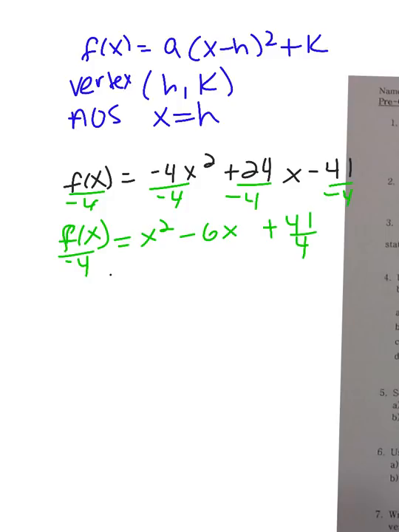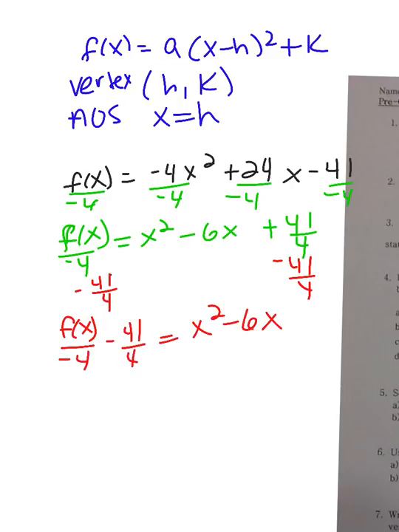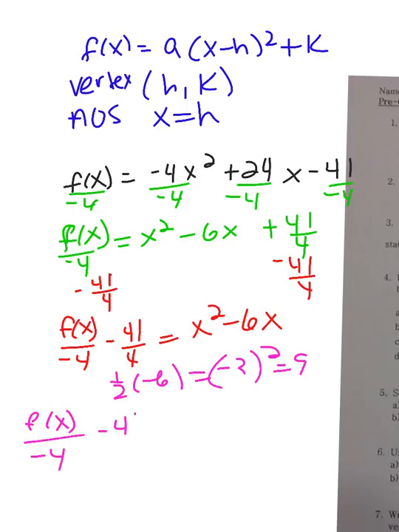So now move the constant over. So minus 41 over 4 from both sides. So f of x over negative 4 minus 41 over 4 equals x squared minus 6x. Half of negative 6 is negative 3, squared is 9. So we have f of x over negative 4 minus 41 over 4 plus 9 equals x squared minus 6x plus 9.